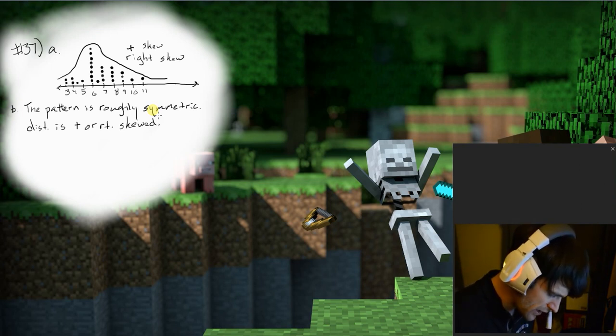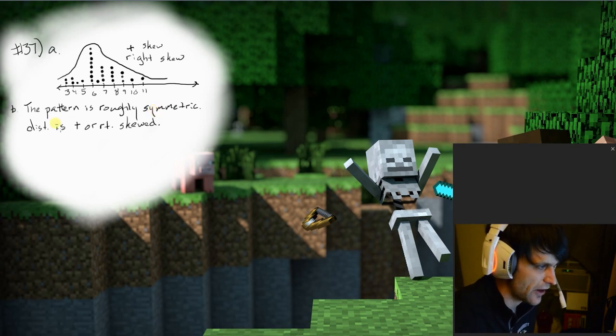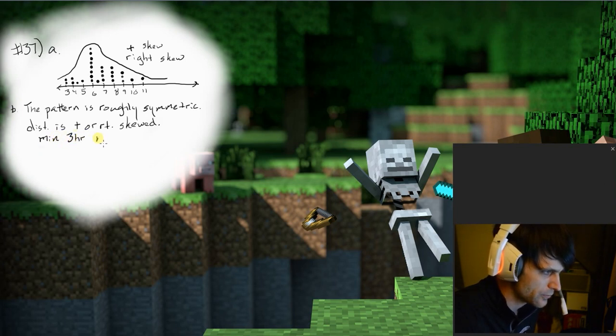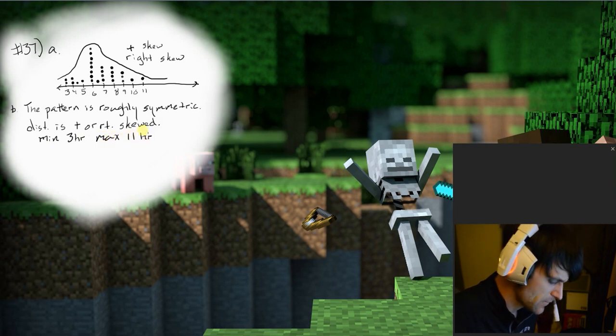What else can we say about this particular dot plot? The hours of sleep vary from 3 to 11. So we have a minimum of 3 hours of sleep to a maximum of 11 hours of sleep.